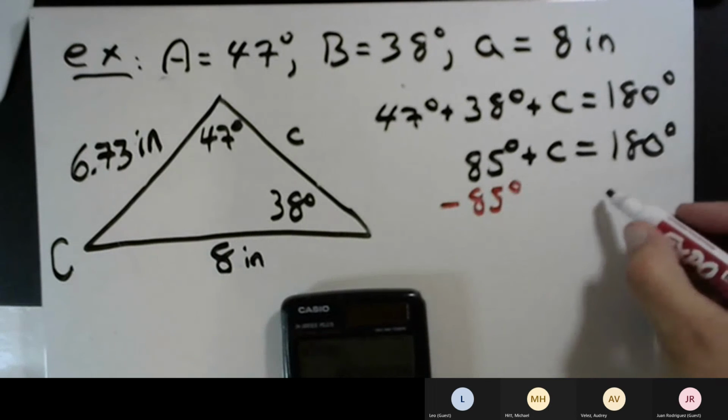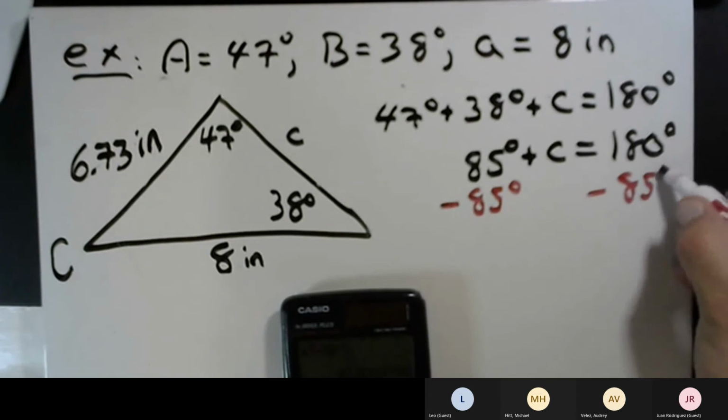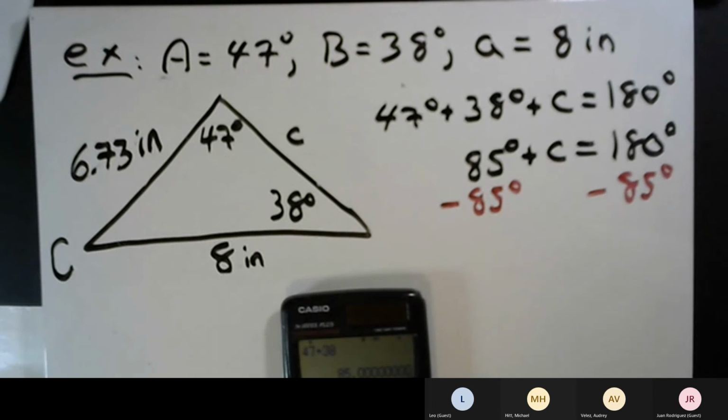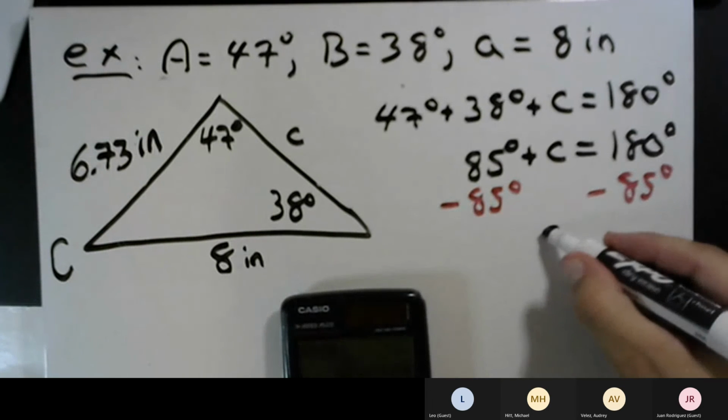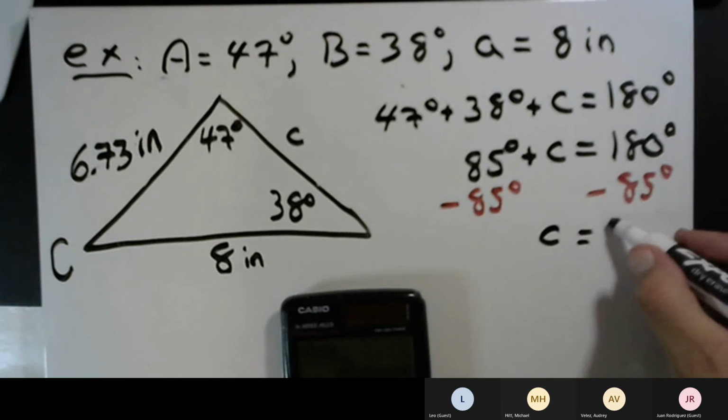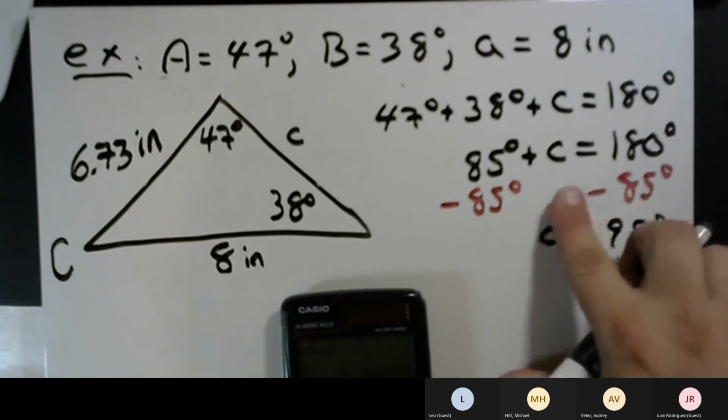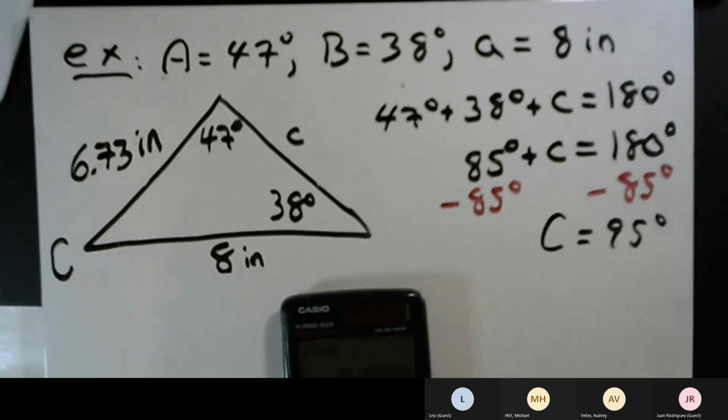Subtract 85 from both sides. C is 95 degrees.